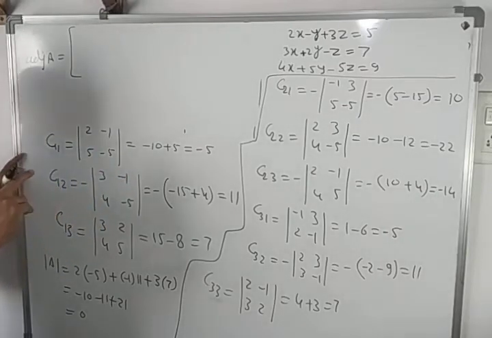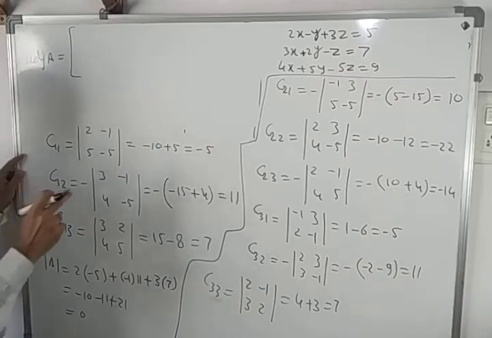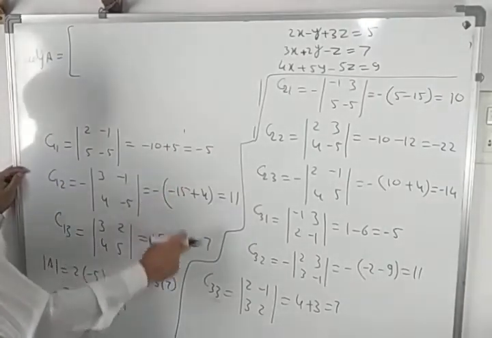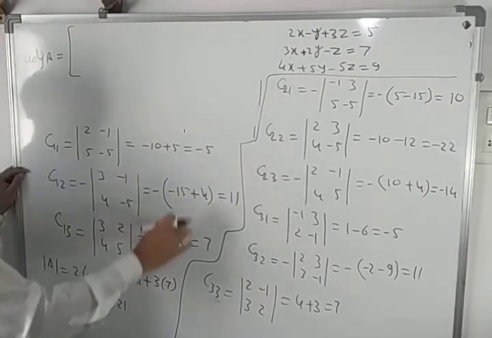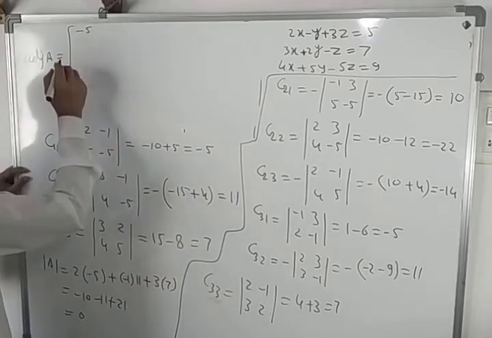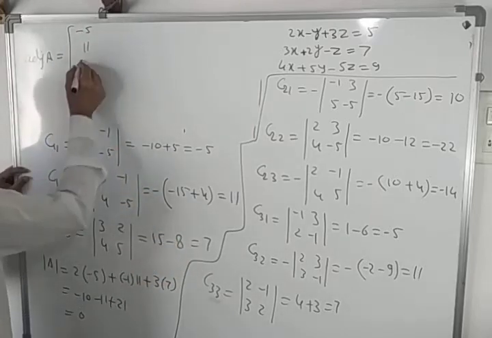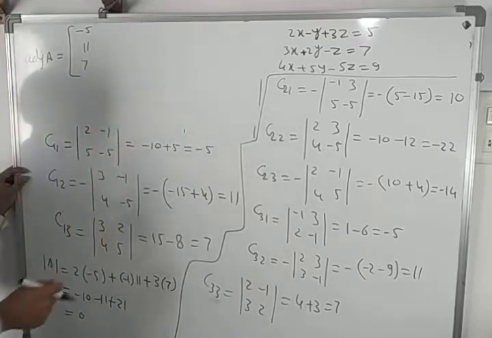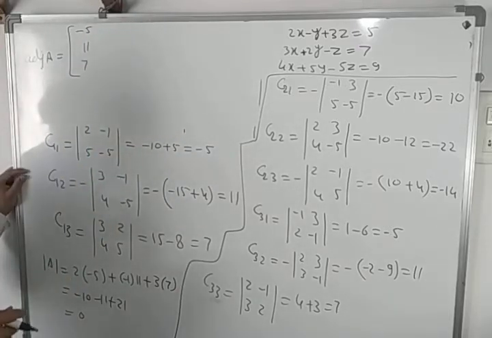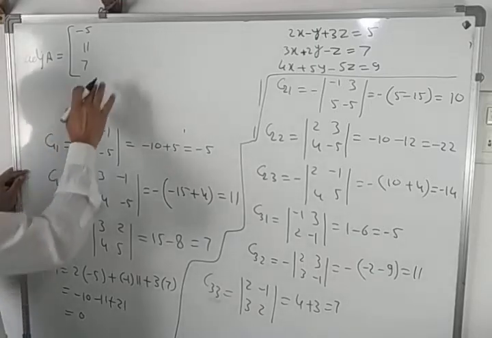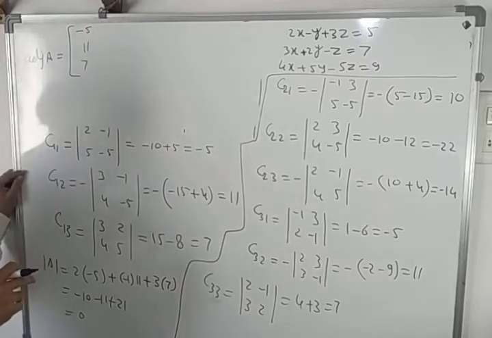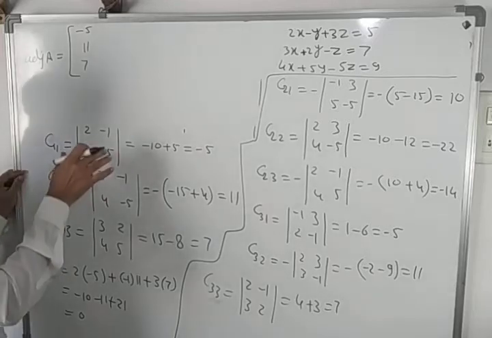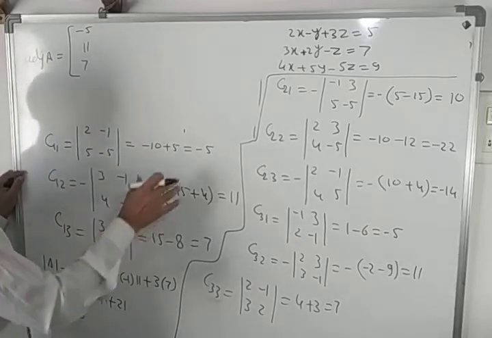So in this one step we can do both things. These are basically the cofactors of the first row. It should come in a horizontal place, but since we are taking the transpose, it will come vertical. So we are writing directly minus 5, 11 and 7. So now no need to put the transpose sign or dash. In the previous question, if you see, I had written it separately. Firstly we placed the cofactors and then I did its transpose. But now in this question I am doing it directly, because we have written it in vertical form.